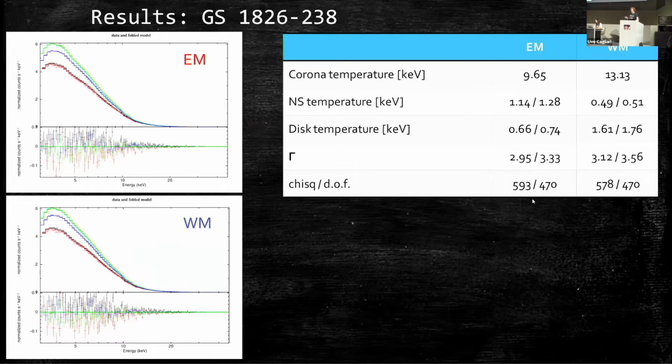That's why those parameters were not tied together, and I'm showing two numbers for each of the parameters here for the temperatures and for the power law, while the coronal temperature was tied between them, so we only have one value here.